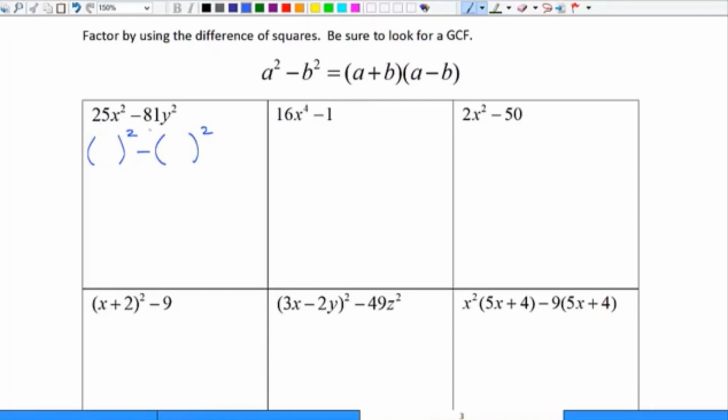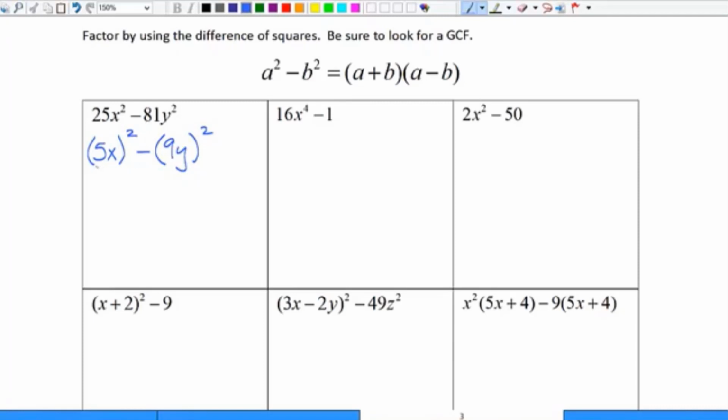See the 25 and the 81, that's a big tip-off that we have perfect squares. Those are the numbers that we just kind of listed. 25 can be rewritten as 5 squared. 25x squared can be rewritten as 5x times 5x, or 5x quantity squared. 81y squared can be rewritten as 9y squared.